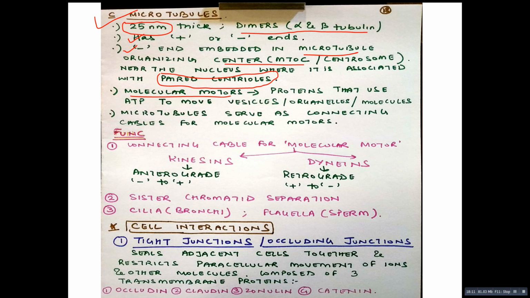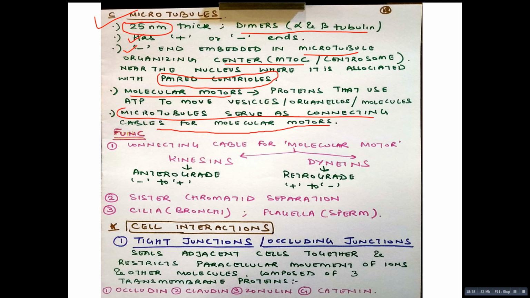Now, how do microtubules function? Microtubules serve as a connecting cable for molecular motors. Which are the molecular motors in our cell? Kinesins. And which is another molecular motor? We have dyneins, right?